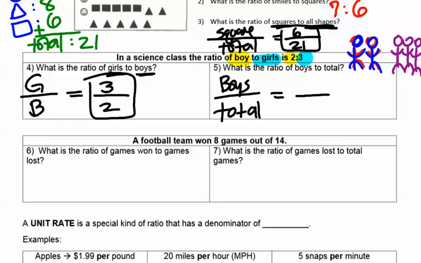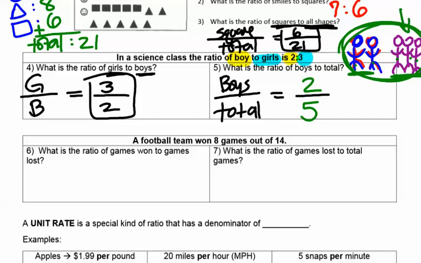So that means we know that we have 2 boys for this ratio. It's 2 boys out of how many total people? We're only using the information that they've given us so far. It's 2 boys, 3 girls. That means there are 2 boys out of 1, 2, 3, 4, 5 people. So our total, just using that ratio, is 5. Just like there are 3 girls out of 5.